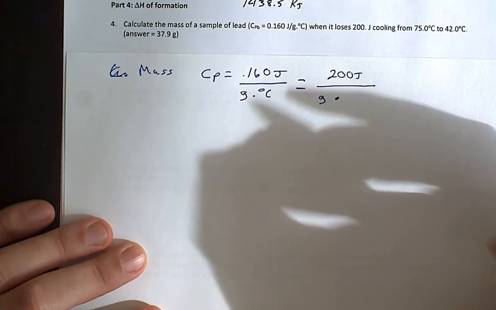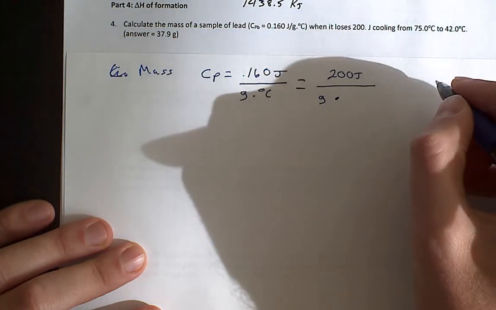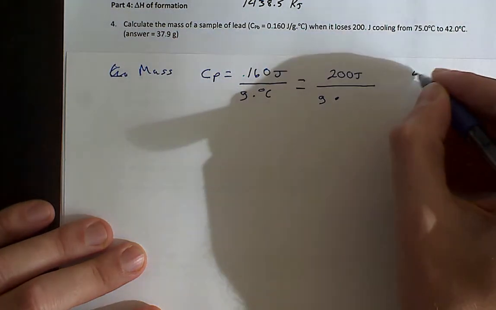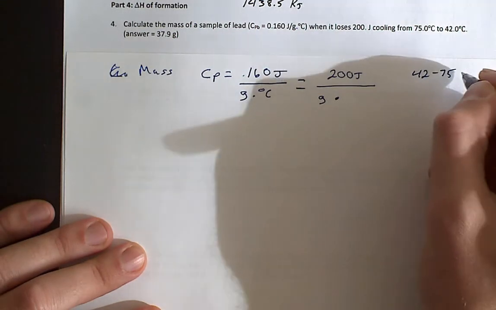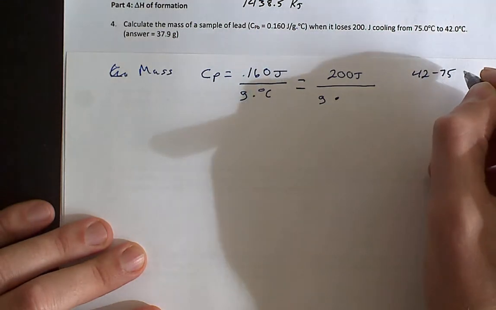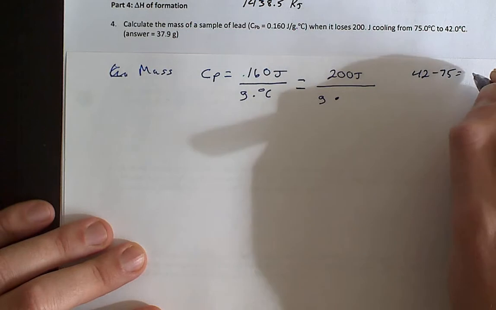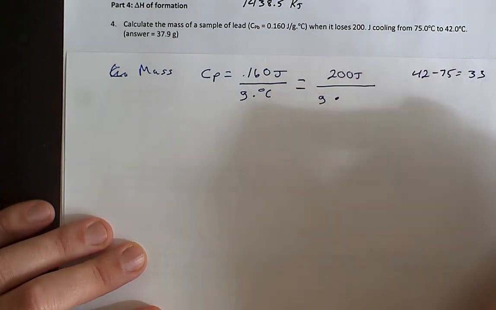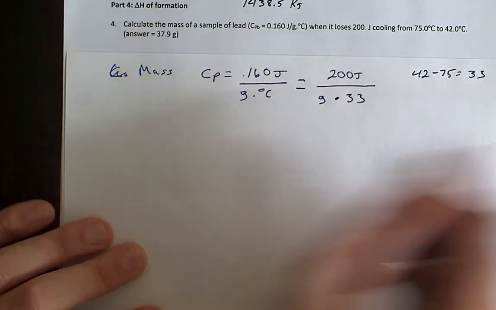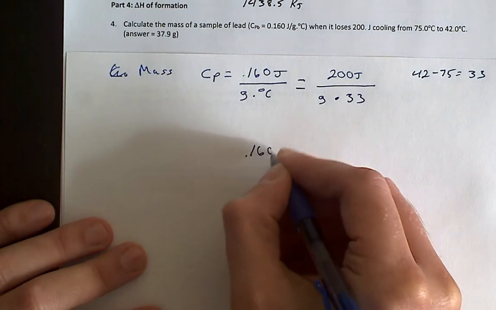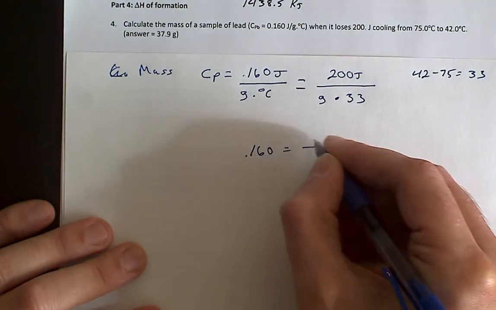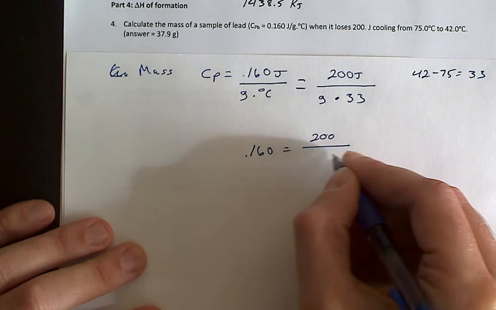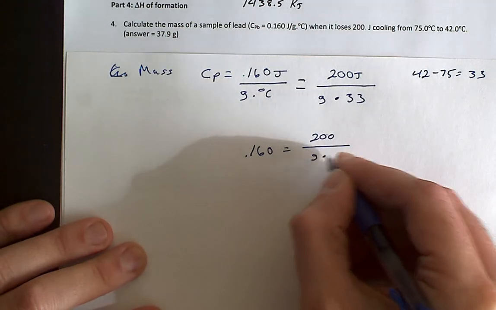So our temperature change is final, which is 42 minus 75, and that gives us a temperature change of positive 33. Okay, so 33. So this 0.160 will equal the 200 divided by the mass and divided by the temperature.